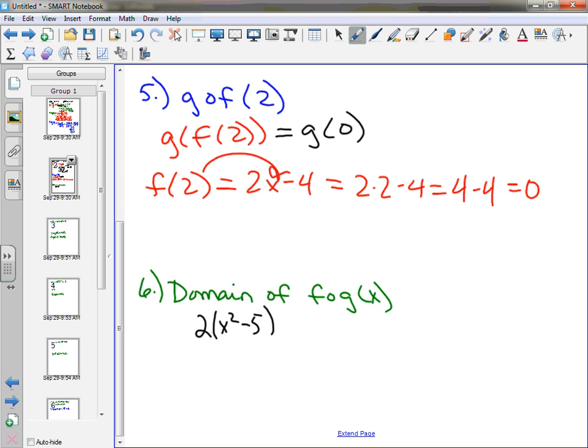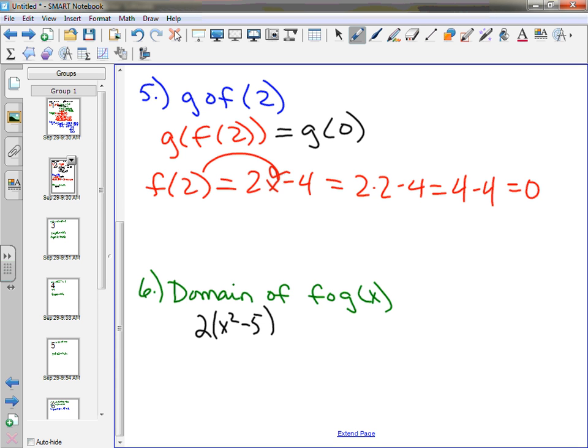Work from the inside out. F at 2 means I'm taking the F function, which is 2x minus 4, and plugging in 2. So 2 times 2 is 4, 4 minus 4 is 0.